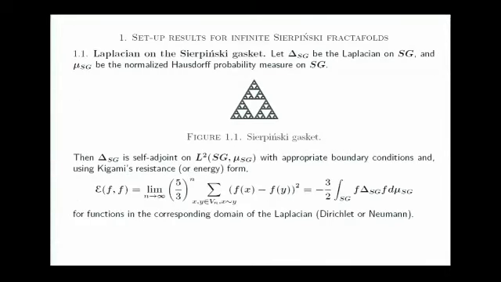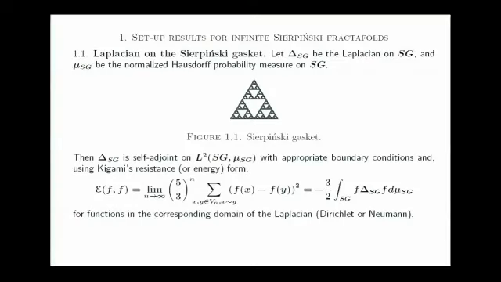So this is the Sierpinski gasket again, and this is the definition of energy, which I did not give before, but it's quite simple. You approximate the Sierpinski gasket by graphs. On a graph, you define the usual energy, and then you multiply by some strange factor (5/3)^n, and you obtain a limiting energy. Here it is done for combinatorial graphs, but you can do exactly the same for quantum graphs.